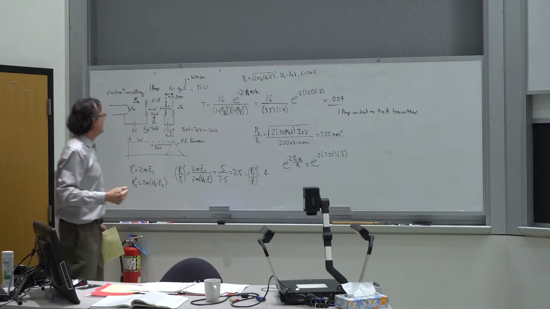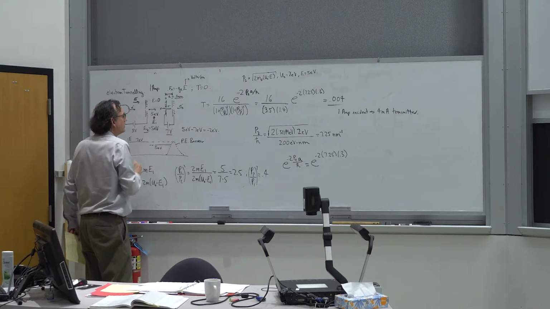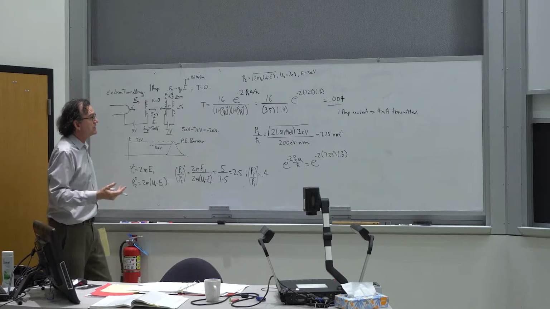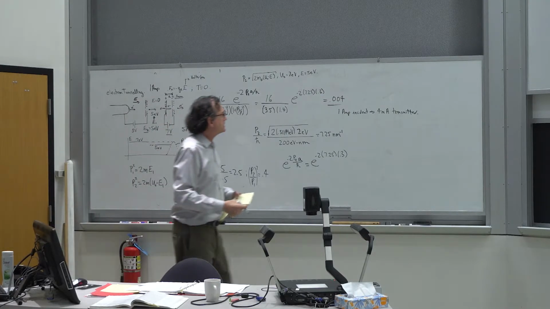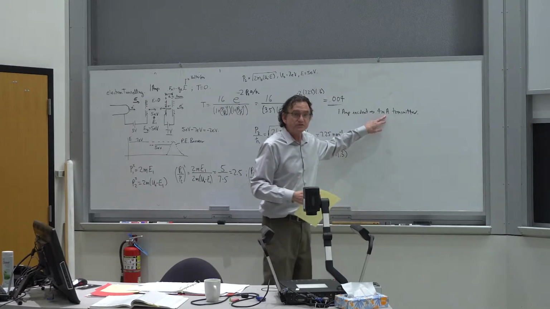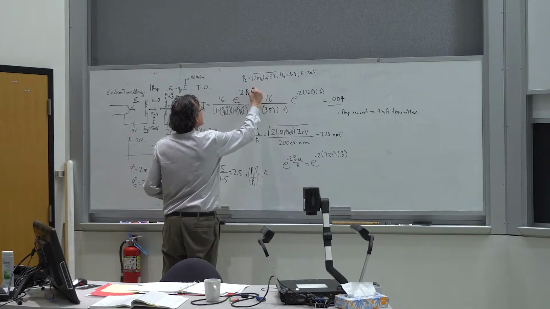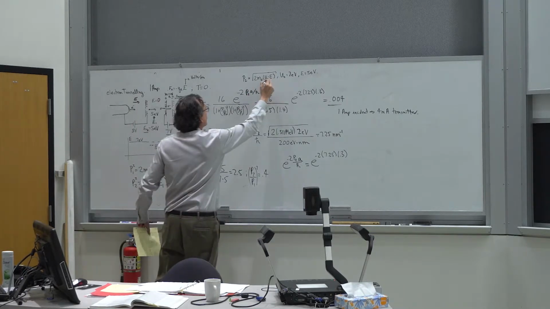Notice that it's very easy to adjust this voltage. If I want less current getting through, supposing I only want a picoamp getting through instead of a milliamp, right? I want to reduce this by another factor of 10 to the 6th. Well, all I have to do is to make the exponent here a larger number. That means that I have to increase the barrier height.